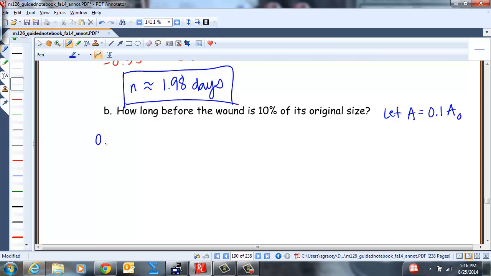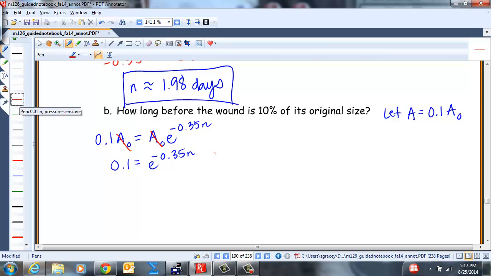Then the A0s again would divide out. So we have 0.1 is e to the negative 0.35n. So now we change to logarithmic form. Since we have a base of e, it'll be the natural log.